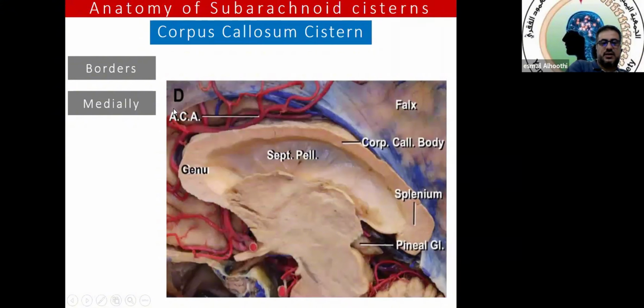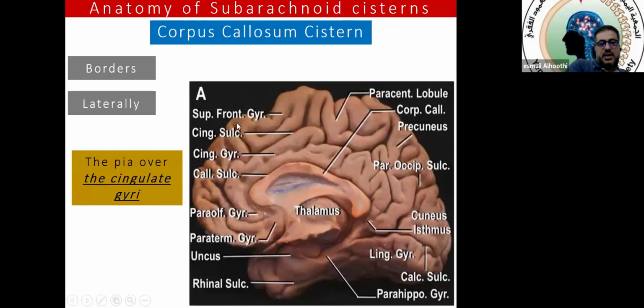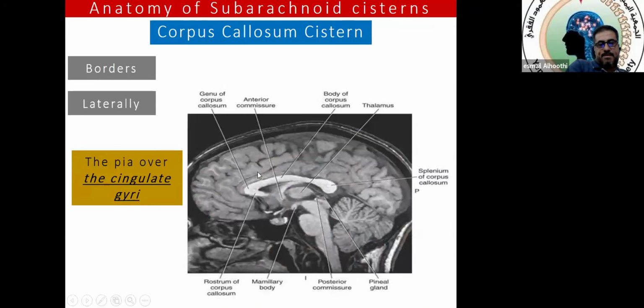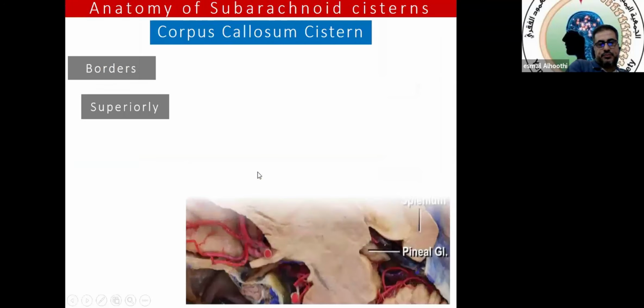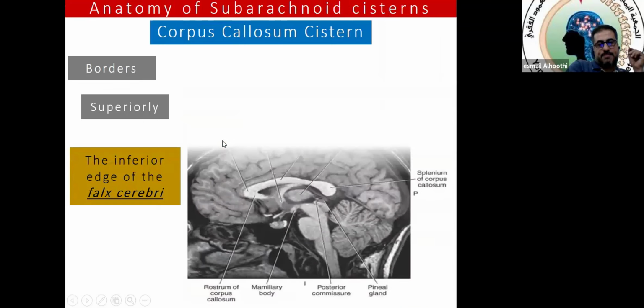This is the falx that makes the medial border for each one of the corpus callosum cisterns, and laterally by the pia over the cingulate gyrus from left and right side. Superiorly is the inferior edge of the falx cerebri. The inferior part of the falx cerebri makes the superior border of the corpus callosum cistern.